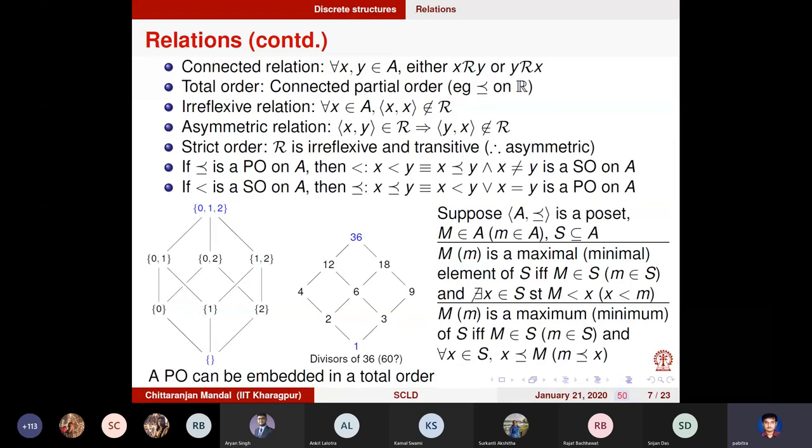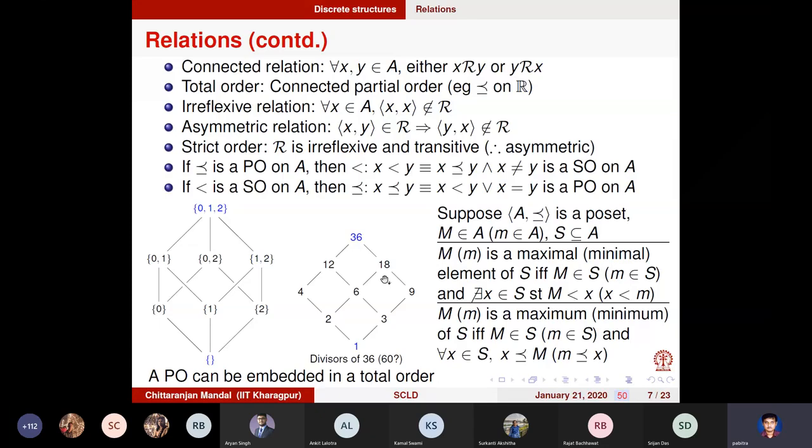Okay. Now let us look at one more thing. So let's consider the upper bound. I am not discussing the lower bound. Similar things will apply to the lower bound. Let's consider only the upper bound. So the upper bound is 12, 36, 18. This is the upper bound of 6.